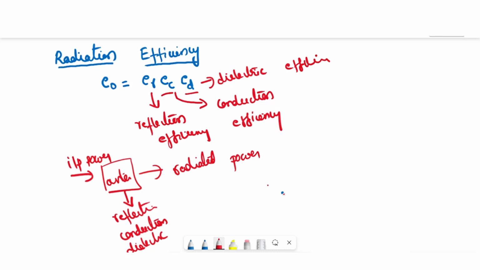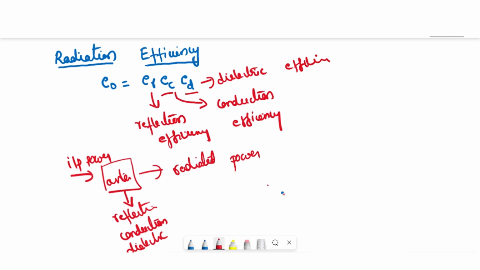So when you are sending a signal from the input side for radiating, there exist simultaneous losses in the conductor as well as in the dielectric material. So that is the reason we can't separate this conductor loss and dielectric loss, or we can't separately find this conduction efficiency, means the power radiated after the conductor losses, and the dielectric efficiency.